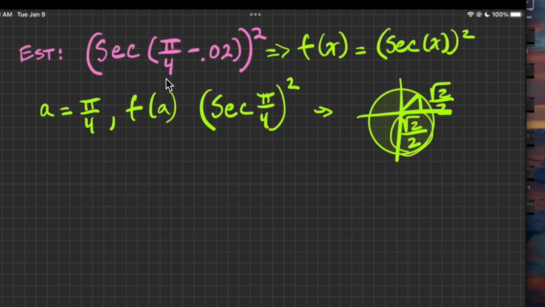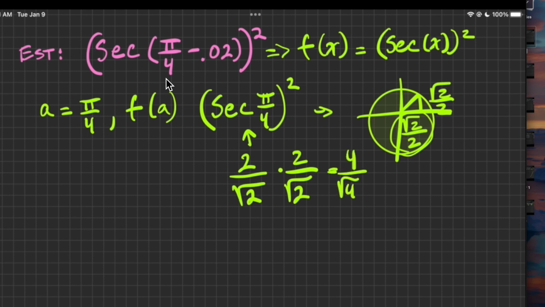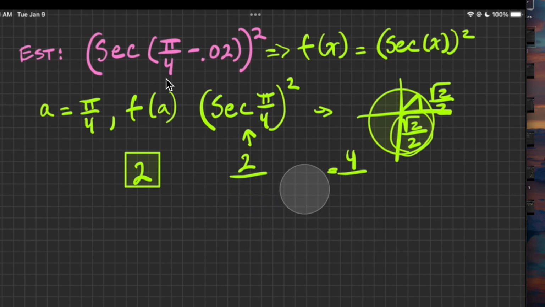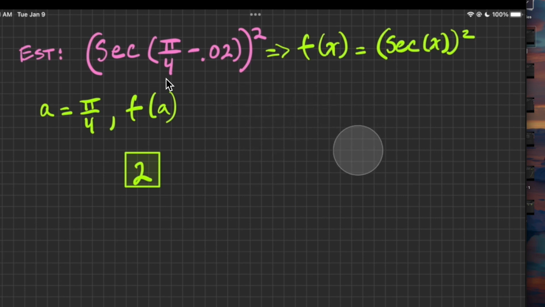So our secant value of pi over 4 is going to be that fraction flipped, or 2 over the square root of 2. Because we're squaring it, we're going to multiply it by itself. We're going to get 4 over the square root of 4, which is 4 over 2, which is going to be 2. So folks, we already have our point. Our point is going to be pi over 4, comma 2.